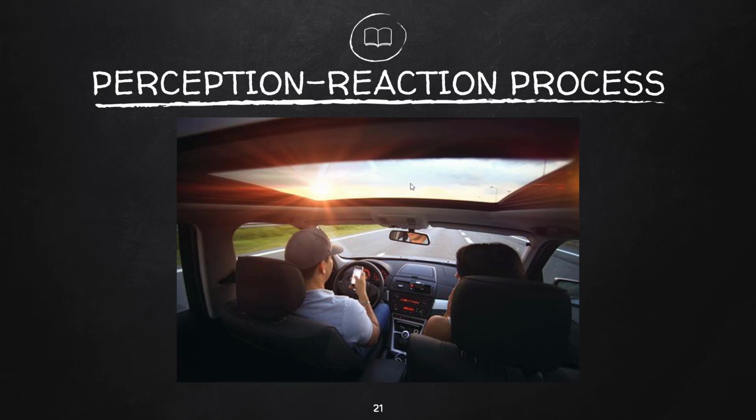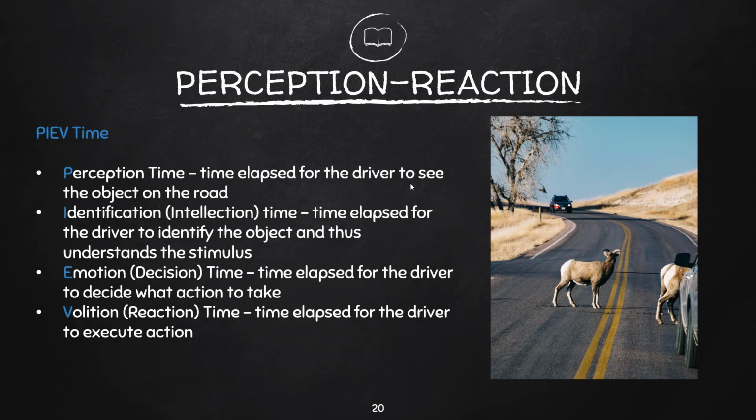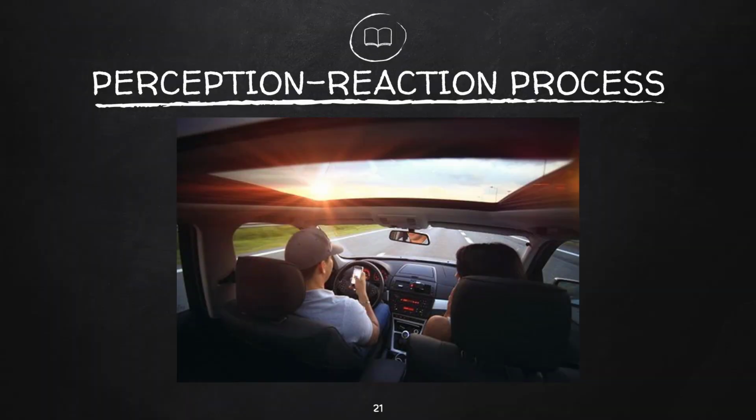Of course, this is to not avoid our perception reaction process. So going back here, this is a process which means that you start with perception, then you go to identification, the emotion or the decision time, and the volition or the reaction to that specific stimulus.